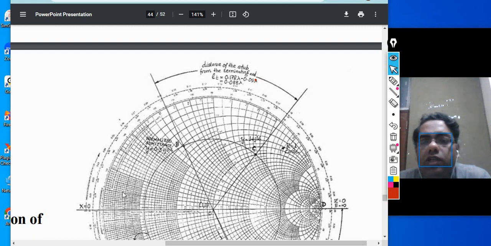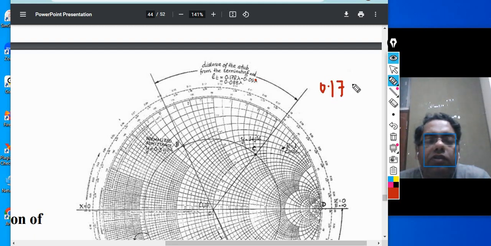We have to see wavelength towards generator, the outer scale, and you have to subtract. It is 0.178 to 0.088.